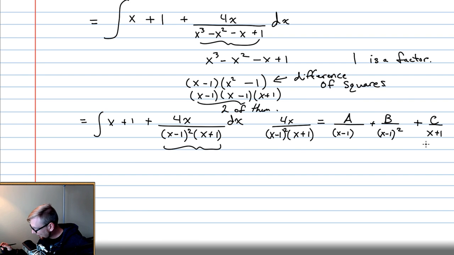Now by trying to go in reverse, trying to put all these separate fractions into one simple fraction, that's when we use the lowest common denominator to multiply out and see what we get. So this would be a times, well, what is it missing? It's missing one of the x minus 1s and an x plus 1.